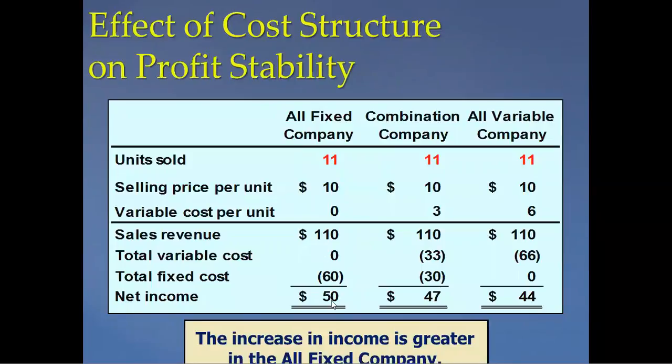So they have a net income of $50, whereas the all variable company, because all of their costs are variable, if you sell more tickets, the cost goes up. So the net income is reduced compared to what it was before.